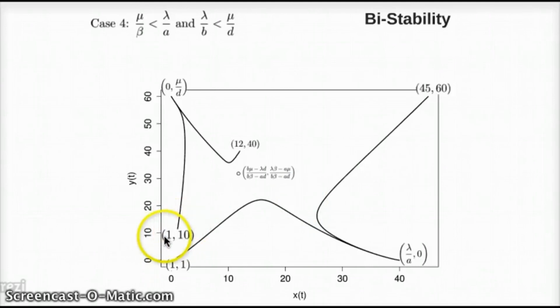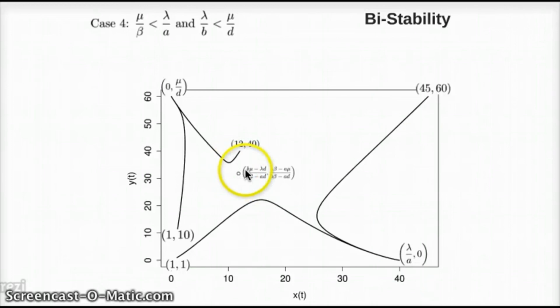These solutions starting at 1, 10 converge to 0, mu over d, and these at 12, 40 also converge to that point. But when we look at the solution with initial condition 1, 1, then that converges to the other point. And with these initial conditions 45, 60, it also converges to the other point.